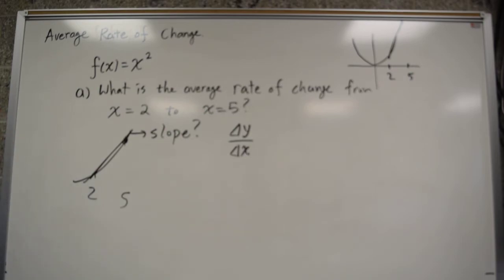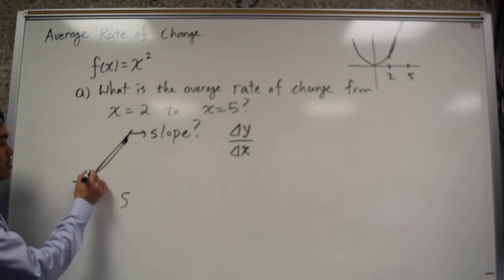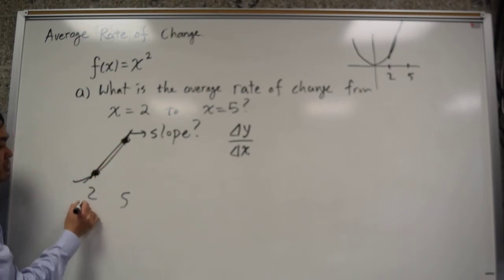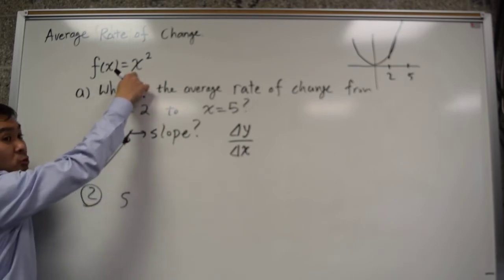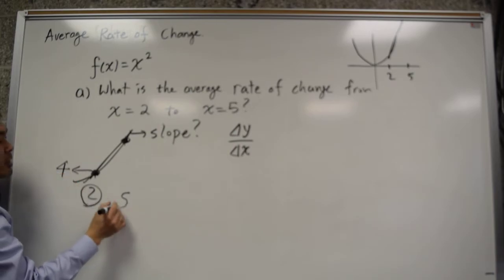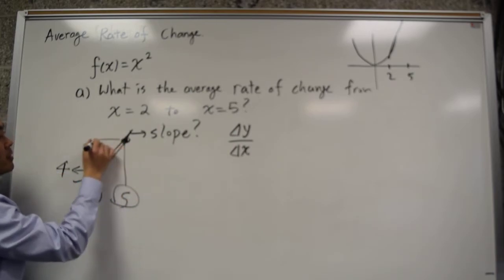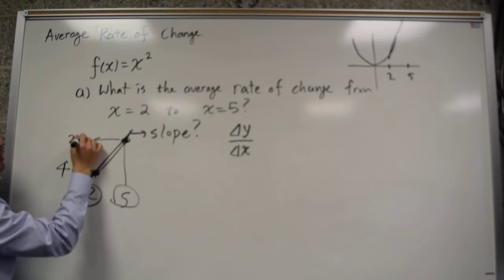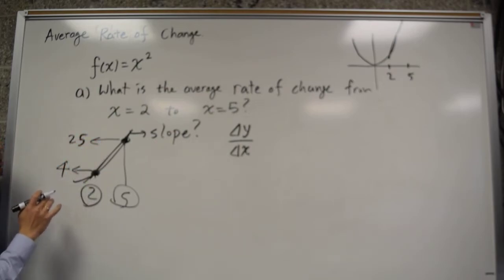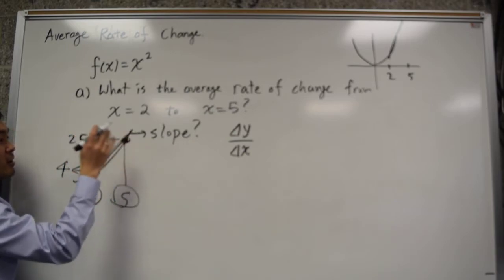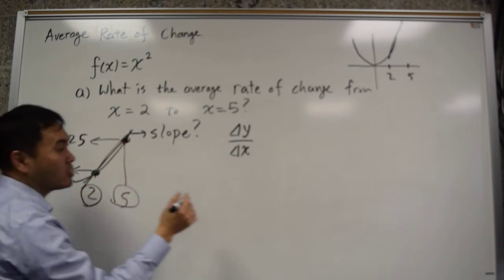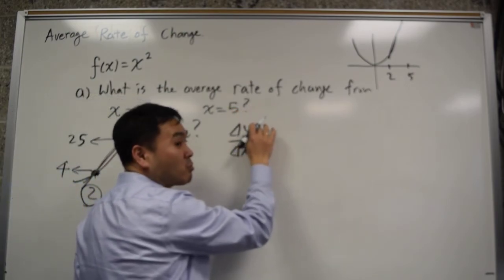So you have change of y over change of x, and that means I need to know the y values. For this input 2, what's the y value? 4, because if you plug in 2, 2 squared is 4. For the input 5, what do you get? 25. Now, how do you get the change of quantity? It's terminal minus initial. And you're trying to put the change of y on top.